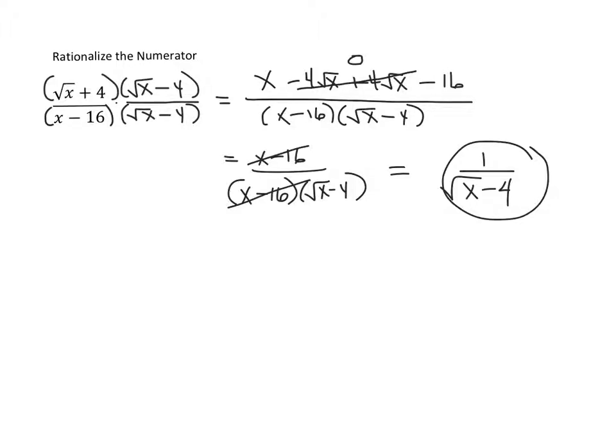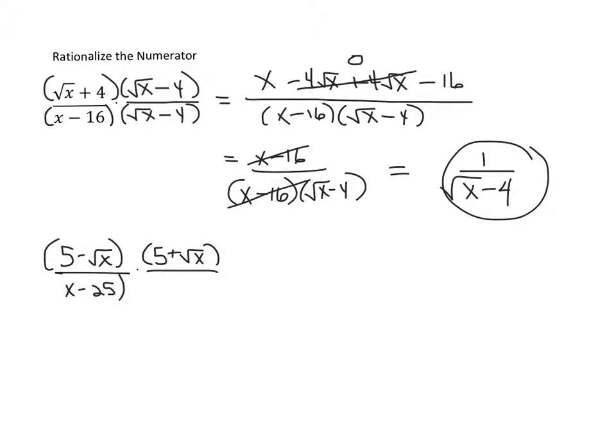Let's do another example where we rationalize the numerator. Let's look at 5 minus the square root of x over x minus 25. And we want to rationalize the numerator. So let's first find our conjugate. We know that the process is we can multiply 5 minus the square root of x times 5 plus square root of x, multiplying our conjugates.